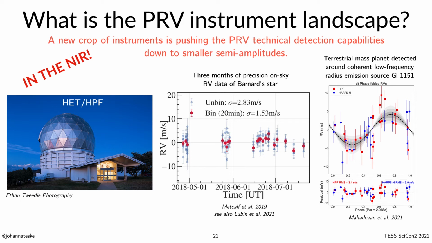The planets are closer in, and also because the stars are less massive, the signal that the planet induces is larger, and so you don't quite need the same level of precision as in the optical, but this precision in the near infrared is incredibly impressive and really geared towards Earth-like planets around M dwarfs, and so that's what this detection is from, a paper out by Suvrath earlier this year.